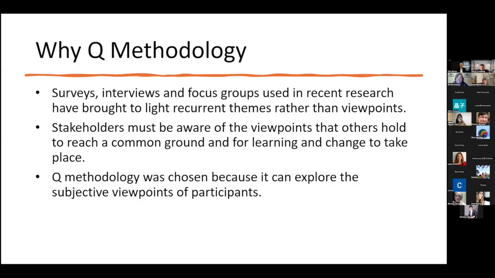In any endeavour, stakeholders must be aware of the different points of view that others have, so that there can be common ground and agreement on issues. Learning can occur and change can take place. Because I was interested in finding out the perspective of stakeholders, Q methodology was used because it's simply the best methodology to explore viewpoints of participants. As simple as that.